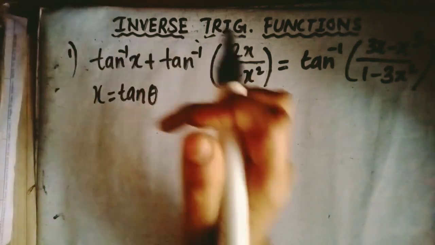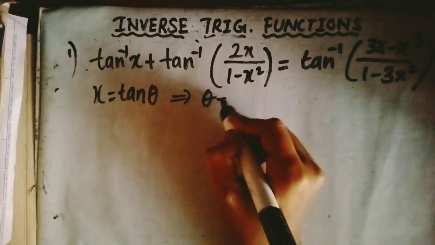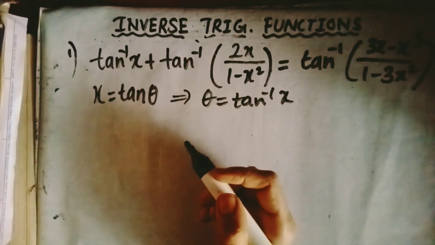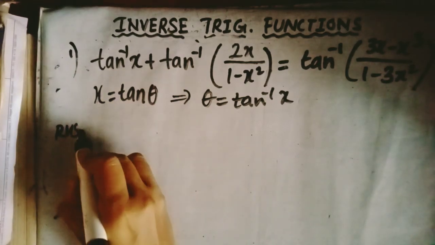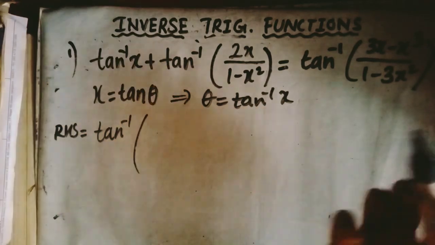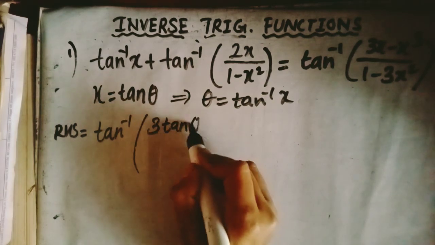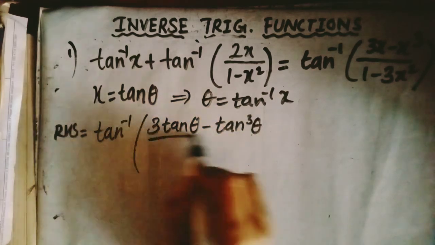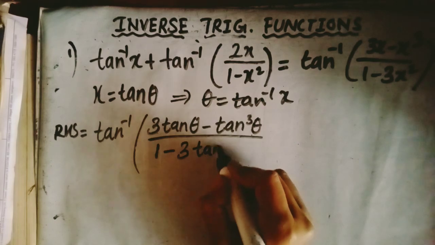Substituting x equal to tan theta, your theta will be tan inverse of x, right? So our RHS will be tan inverse. In place of x, I am substituting tan theta, so (3 tan theta minus tan cube theta) upon (1 minus 3 tan square theta).